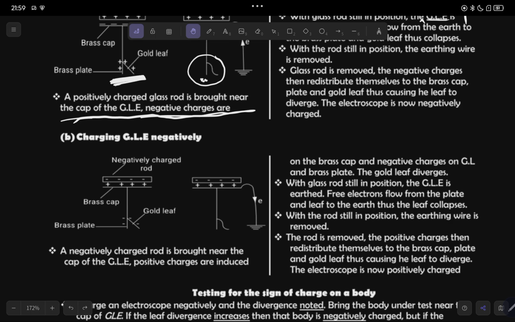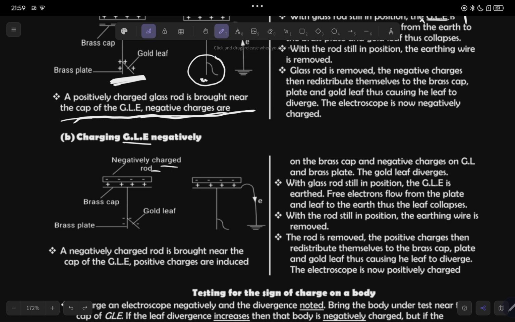As the rule was saying for induction, the type of charge that you use to induce, or that you bring near a neutral body, will cause an opposite charge to be attained by the body you're trying to charge. Now, since we want to charge the gold leaf electroscope positively by induction, we shall use a negatively charged rod.